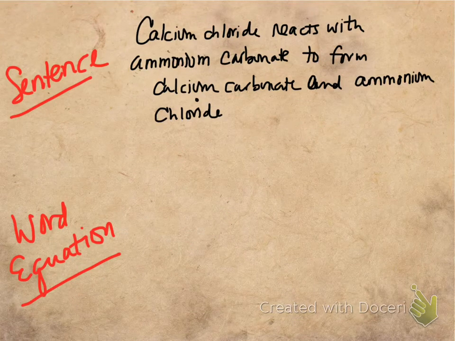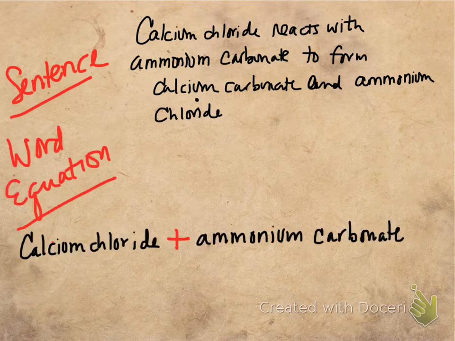We've got our sentence here, and in a word equation, we're going to write in the names of the compounds that are reacting, and we're going to use symbols because we're moving out of the realm of sentence and into the word equation. When we start writing our word equation, we start by finding all of the reactants. And we're told that calcium chloride reacts with ammonium carbonate.